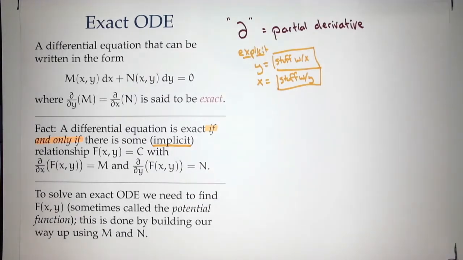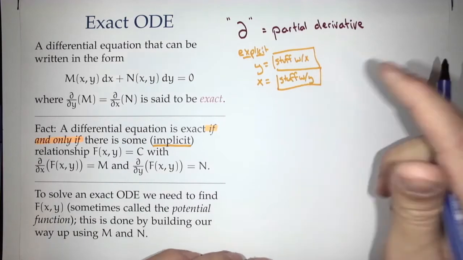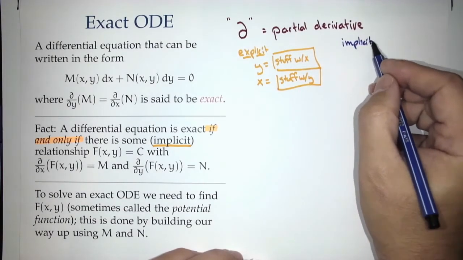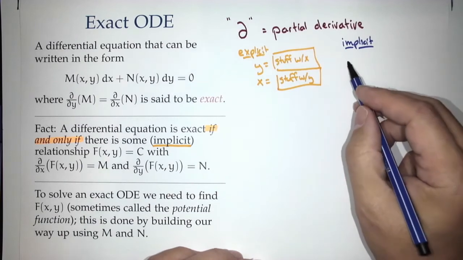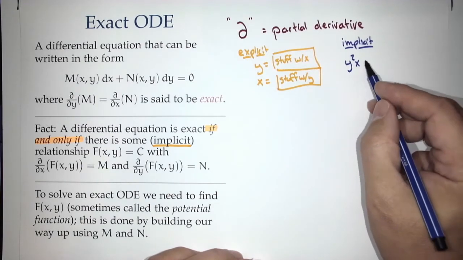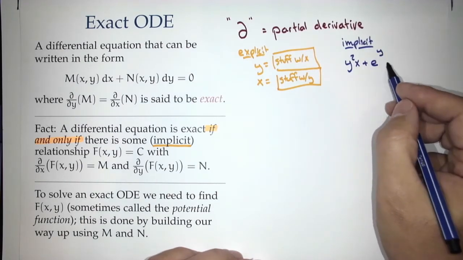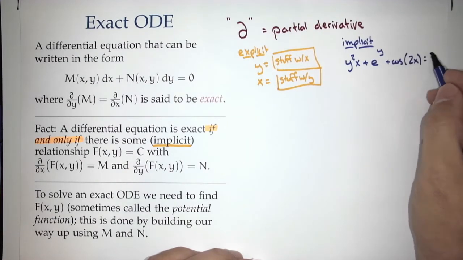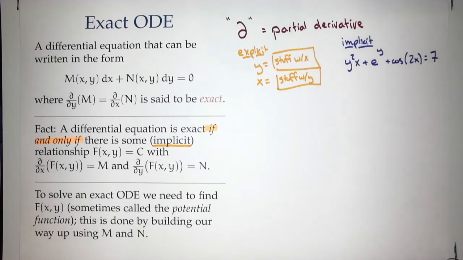So what's implicit? Well, when we can't do that. And at least not in those terms. So you might have something like y squared x plus e to the y plus cosine 2x equals 7. Here, there's no way to get y by itself using standard tools.